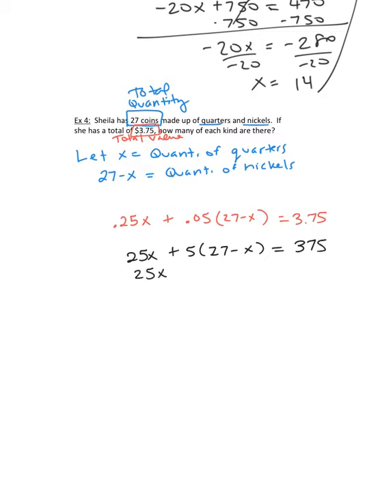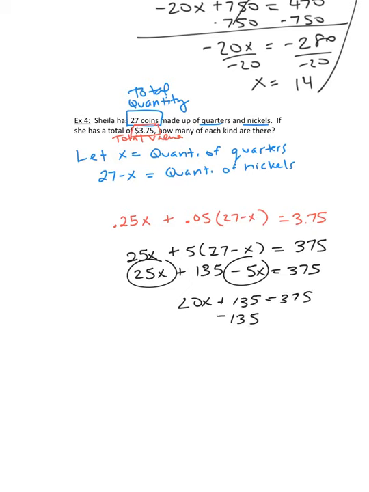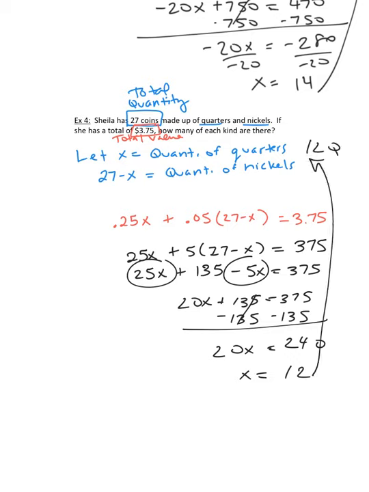I'll distribute: 25x plus 135 minus 5x equals 375. Combine like terms, I have 20x plus 135 equals 375. Subtract 135 from both sides. I have 20x equals 240. X equals 12. Plug this back into your let statements. This tells you that there were 12 quarters and 27 minus 12, which is 15 nickels. That was your quantity.